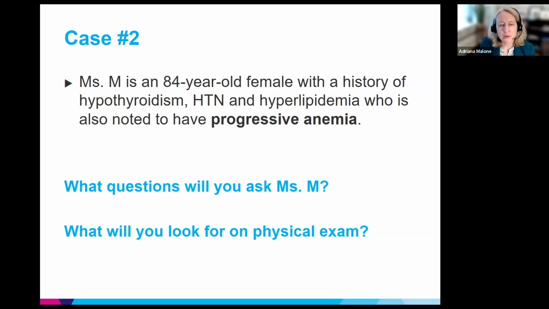And what will you look for on her physical exam? Any evidence of anemia or evidence of a hematologic process, including hepatosplenomegaly, lymphadenopathy, pallor of the conjunctiva, any pallor of the nail beds, nail bed blanching, a stool guaiac test.